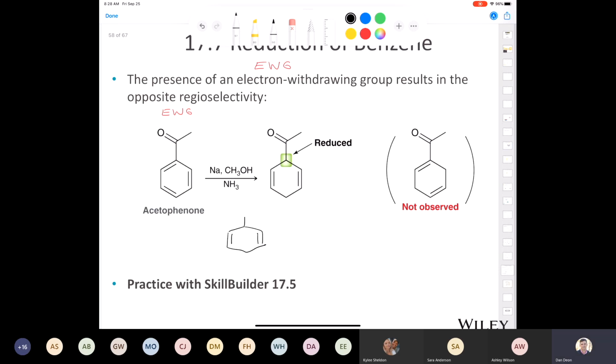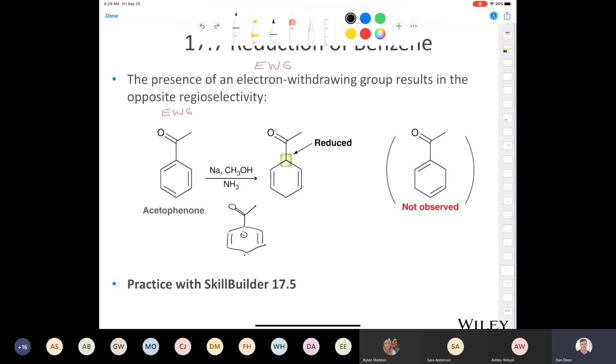And then if we had our radical anion like that, of course, that's going to be stabilized, because we're going to have an electron withdrawing group next to a negative charge, and that's going to stabilize it. And so all you really have to know is what's an electron withdrawing group and what's an electron donating group. If you have an electron withdrawing group, you are going to reduce at that carbon. If you have an electron donating group, you are not going to reduce at that carbon.